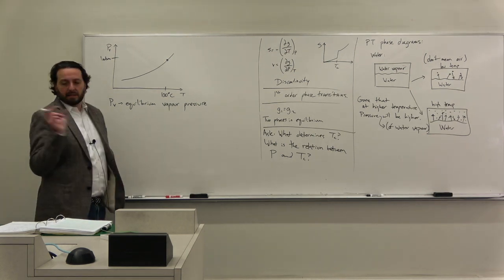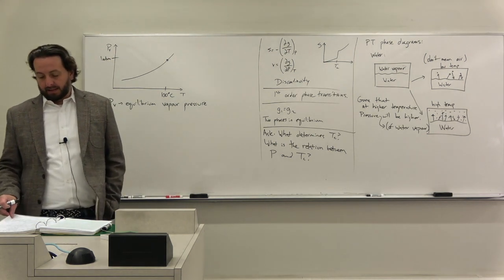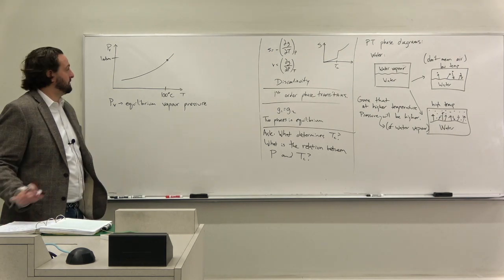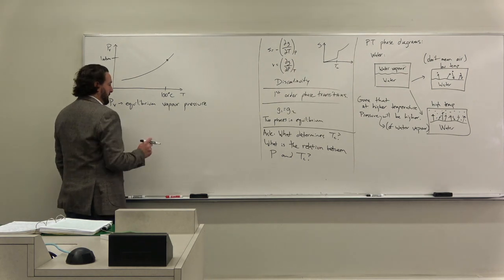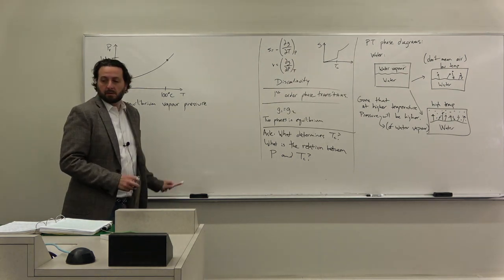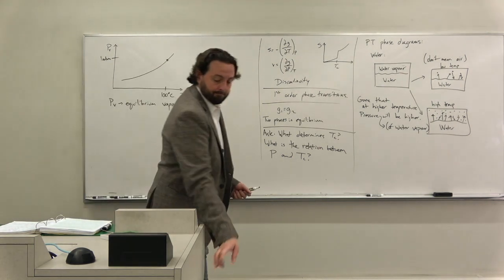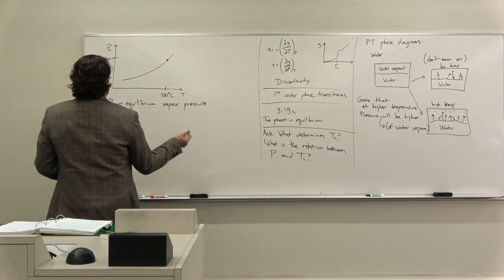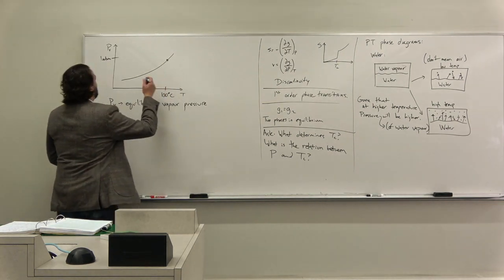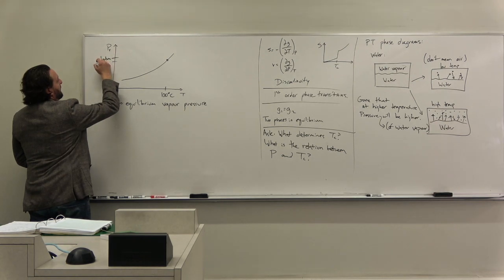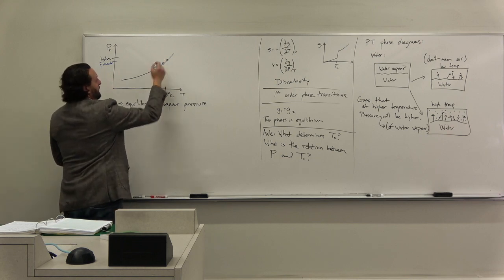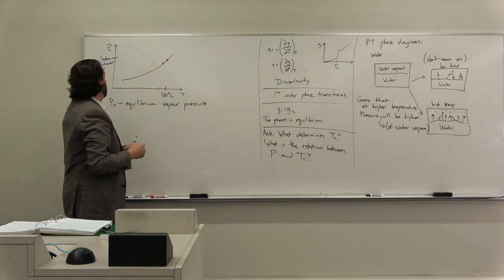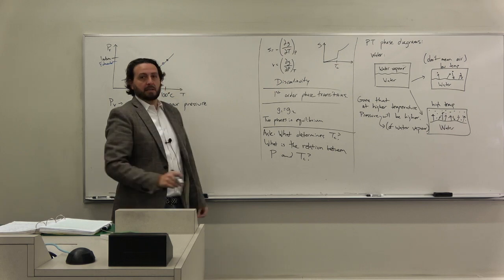Okay, so we want to know how this curve depends on temperature. Let's imagine some small chunk of this. Oh, by the way, just as a reminder, we know this to be true, but we also know that Edmonton, for example, isn't at sea level.